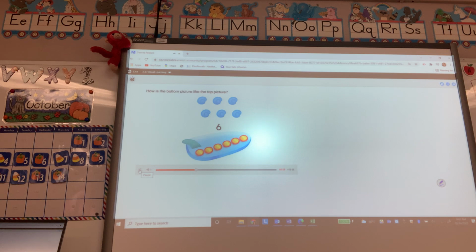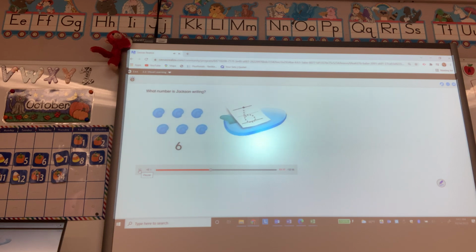How is the bottom picture like the top picture? It shows 6. How is the bottom picture different? It shows 6 with counters instead of shells. What number is Jackson writing? He is writing the number 6.